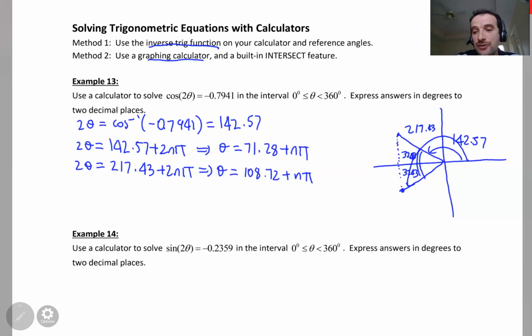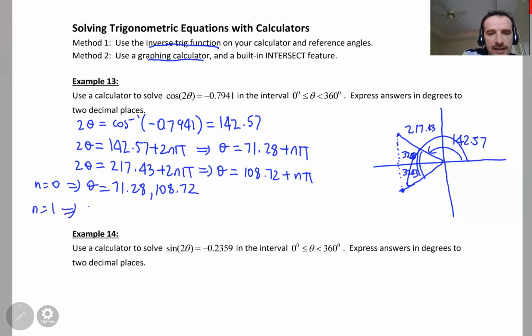But I need to find solutions between 0 and 360. Of course, I should pick different n values. If I pick n equal to 0, theta is equal to 71.28 from the first solution, and from the second, I get 108.72. And when n is equal to 1, I get theta is equal to 71.28 plus pi, and pi is 180.